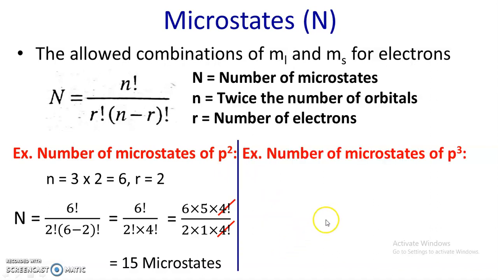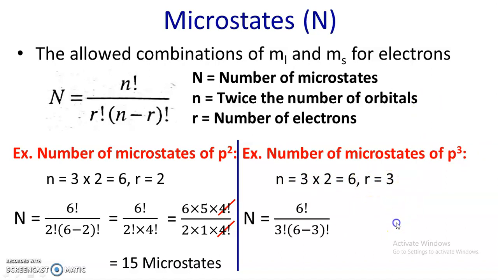Consider another example, the number of microstates for p3 configuration. p3 means 3 electrons are present in the p subshell, and again in the p subshell there are 3 p orbitals, px, py and pz. So the value of small n is 3 into 2, because in the p subshell there are 3 p orbitals and n is twice the number of orbitals. So 3 into 2 is equal to 6, and there are 3 electrons, therefore r is equal to 3.